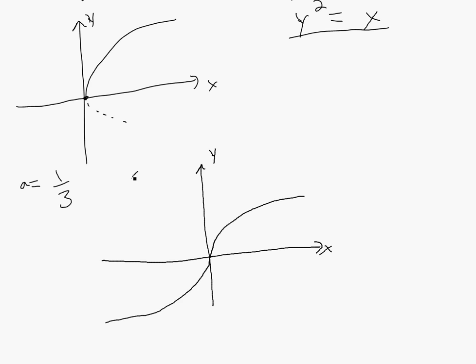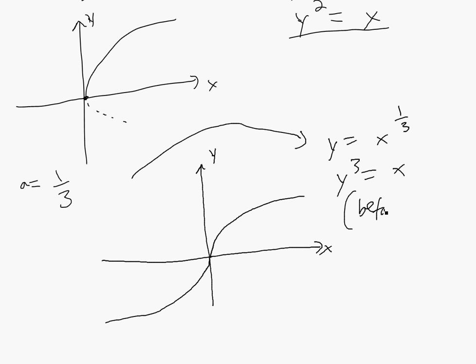That's because, again, if you look at it this way, y equals x to the 1/3, if you cube both sides, you'll just get y cubed equals x. Before, we had y equals x cubed, and it looked like this, but now it's the same thing, except we're flipping it over to this side.